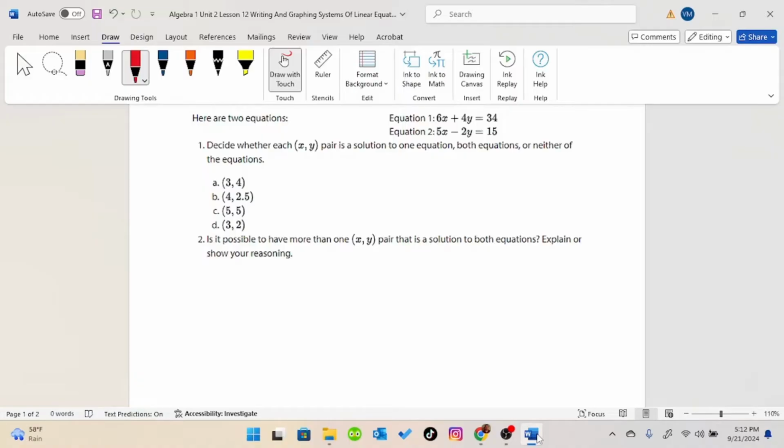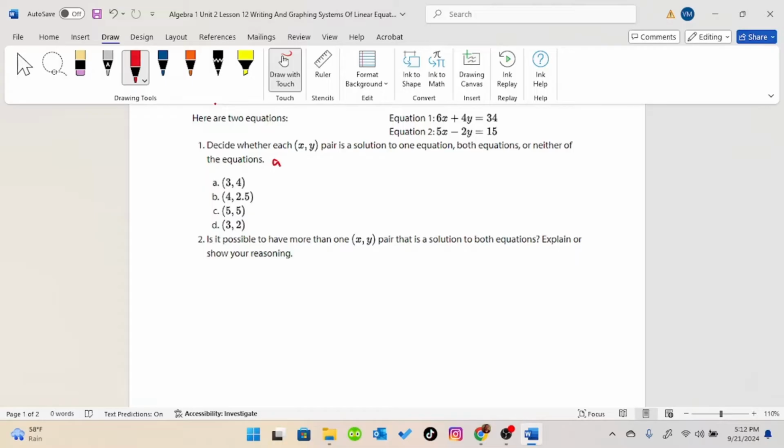Number 1, decide whether each xy pair is a solution to one equation, both equations, or neither of the equations. So what we're going to do is substitute the first number in for x and the second number in for y.